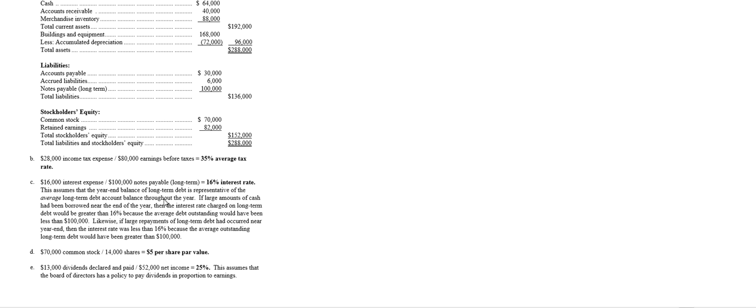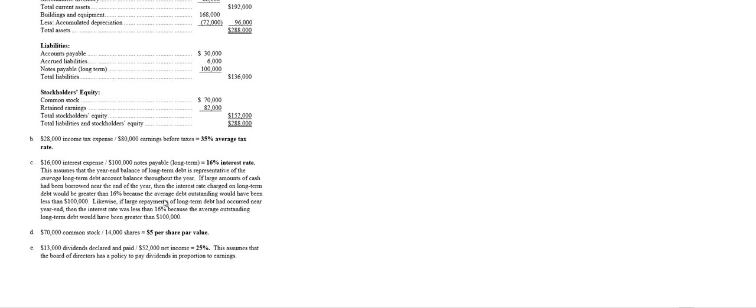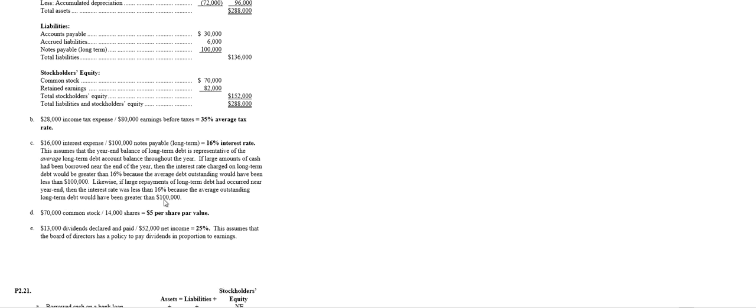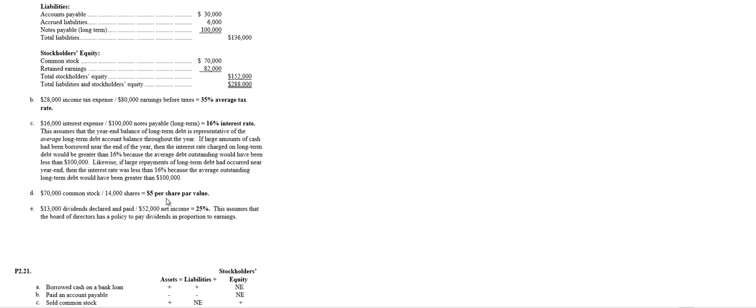This is making the assumption, of course, that the notes payable was outstanding for that same amount all year long, because it's an assumption you would have to make in order to calculate the interest rate for long-term debt. And some of these problems you just have to sort of wing it, because they have to work with the numbers that they give you.